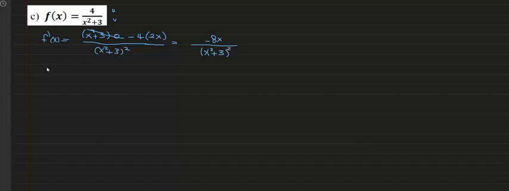Now we will derive the second derivative, because the inflection points and the concavity work with the second derivative. Let's derive the second derivative, where we have again here u over v, so we will take the v squared.